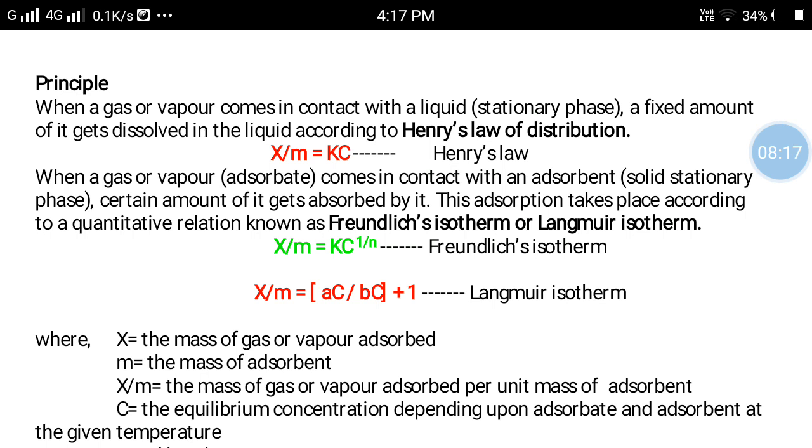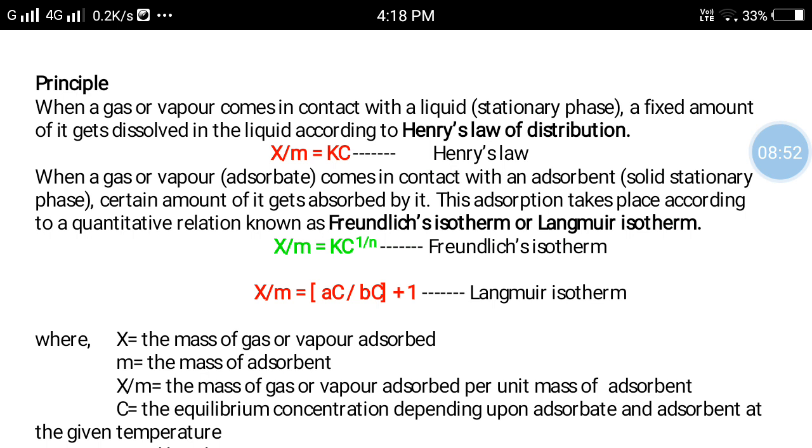When a gas or vapor comes in contact with the solid, that is the stationary phase, a fixed amount of gas dissolves in liquid according to Henry's law distribution. Mathematically, it is written x/m = Kc. While when a gas or vapor, that is the adsorbate, comes in contact with an adsorbent, that is the solid stationary phase, a certain amount of it gets adsorbed by it.